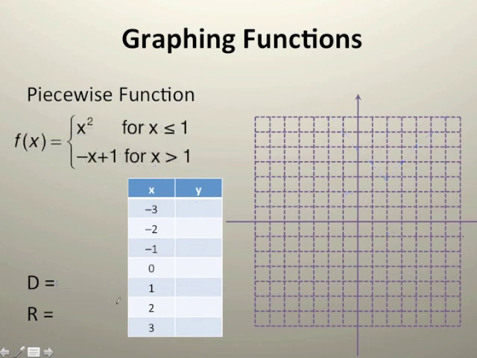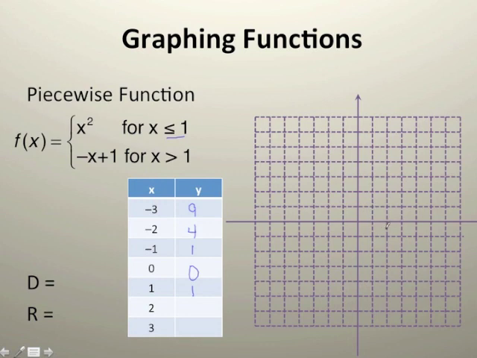This one's a little different. When x is less than or equal to 1, it's x squared. So negative 3 squared is 9, negative 2 squared is 4, negative 1 squared is 1, 0 squared is 0, and 1 squared is 1.